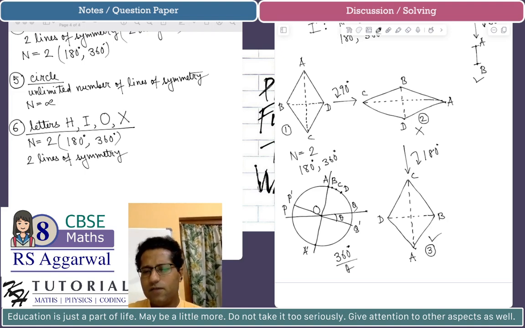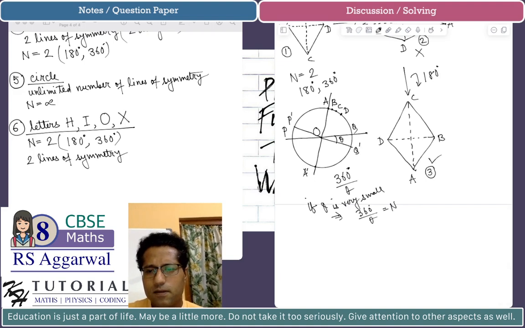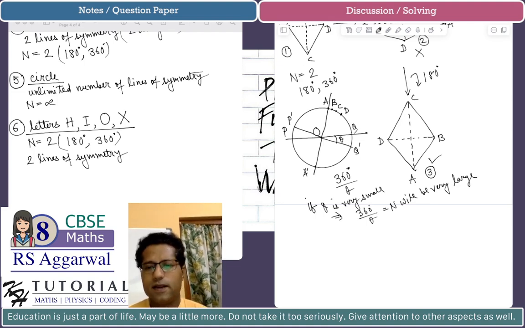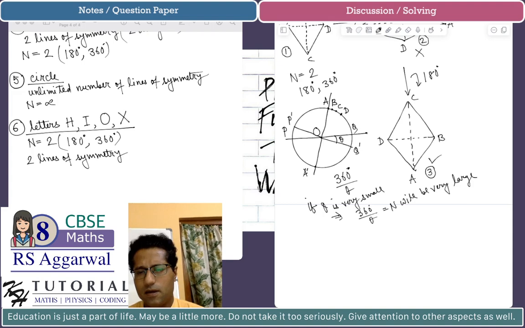And if theta is very small, 360 degree by theta will be very large. This is the concept based on which I am saying that the order of rotational symmetry of a circle is infinity, that is, n will be very very large. Actually n will be 360 by theta, where I can consider theta to be a very very small angle.